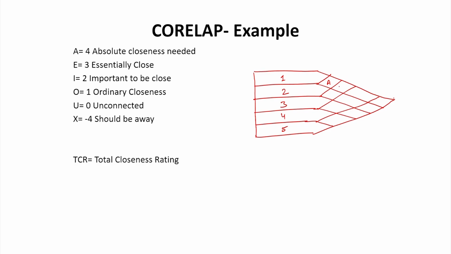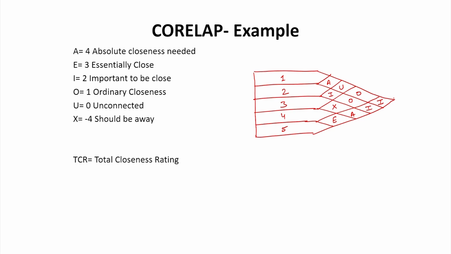Between 1 and 3, let us say this is U, unconnected, and between 1 and 4, let us say ordinary closeness is okay. 1 to 5, it is important to keep them close to each other. 2 to 3, let us say this is important, this is ordinary closeness is okay, this is I. 3 to 4, let us say they should not be close to each other, and it is absolutely necessary to keep 3 and 5 close to each other, and 4 and 5 also, essentially they should be close to each other. So, this is how we can draw the diagram.